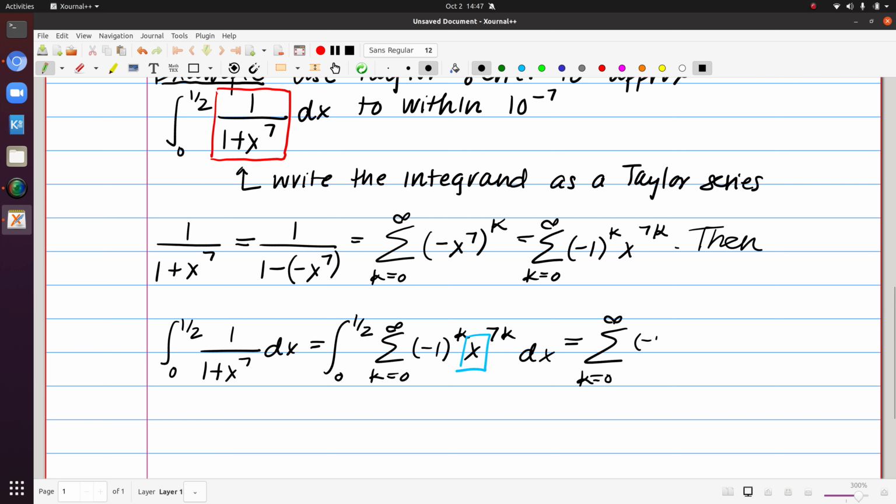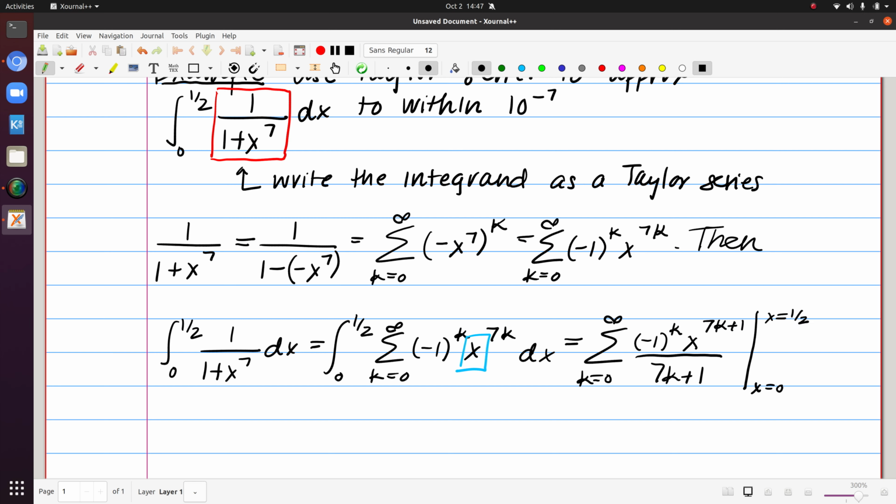So negative 1 to the k is constant with respect to x. But x to the 7k now becomes x to the 7k plus 1, and we have to bring a 7k plus 1 down here. So that's kind of reversing the power rule. This is the antiderivative, and we are evaluating this from x equals 0 to x equals 1/2.